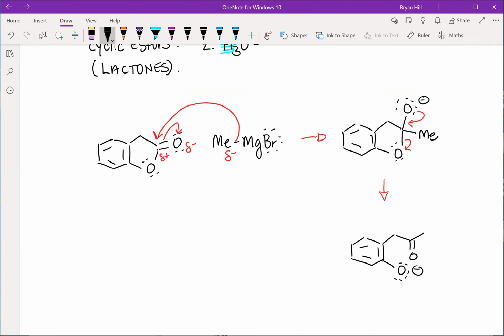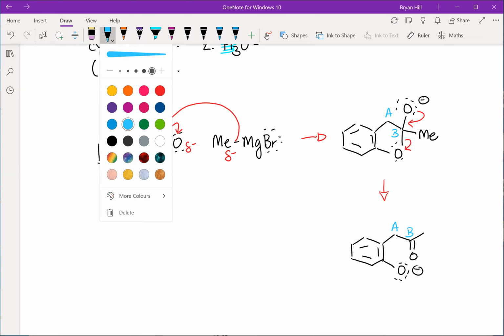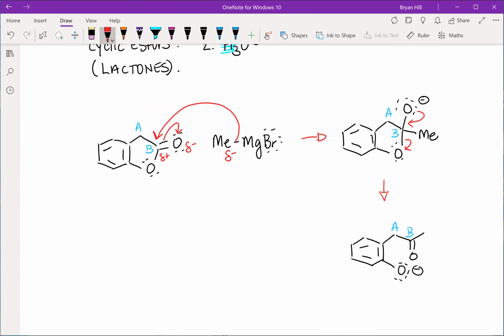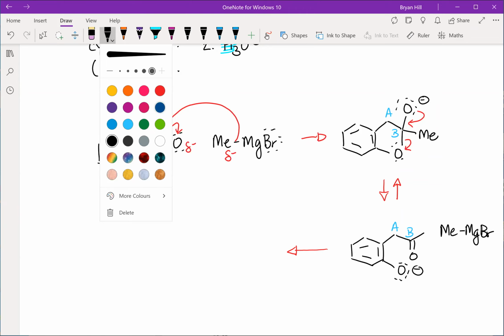So let's number this A and B, A and B, A and B. Now we've got a C because we've added that methyl group. Now this technically could be an equilibrium. We could have this negative charge attack the ketone and go back to where we started from. But in the presence of excess Grignard, the next step is going to happen quite quickly.